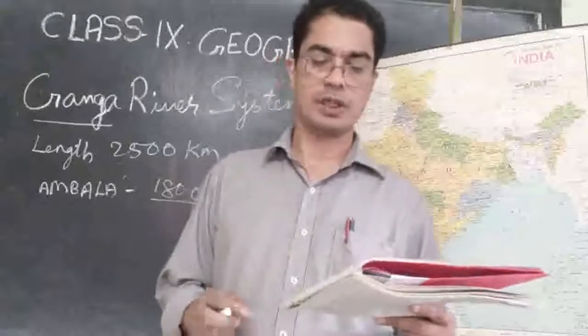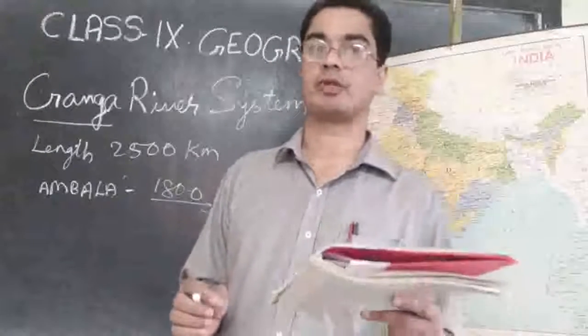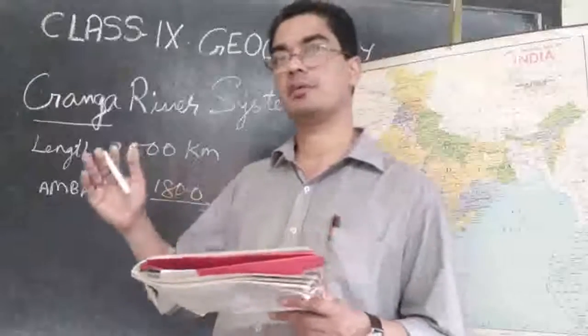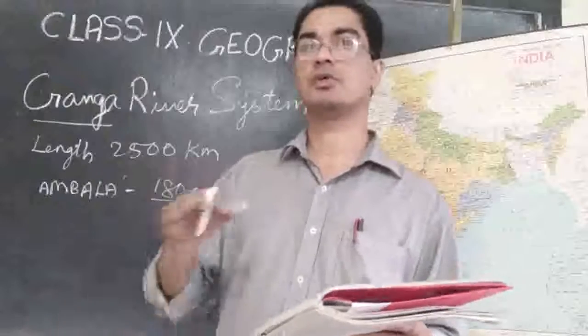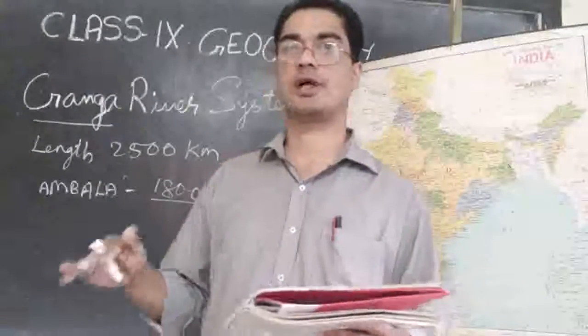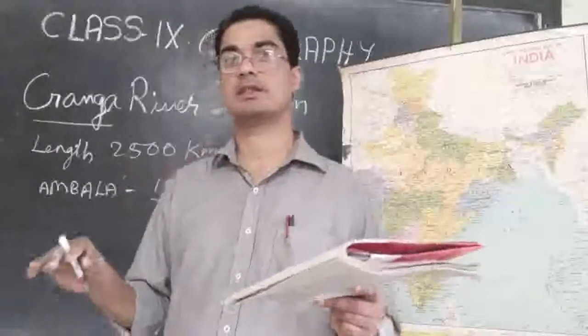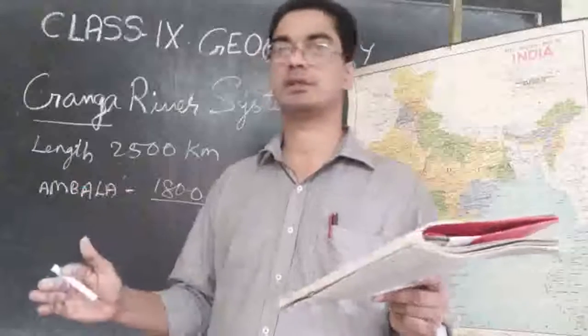So after crossing 6 kilometers, we can say 1 meter is down. So the slope is not very sharp but gentle slope.